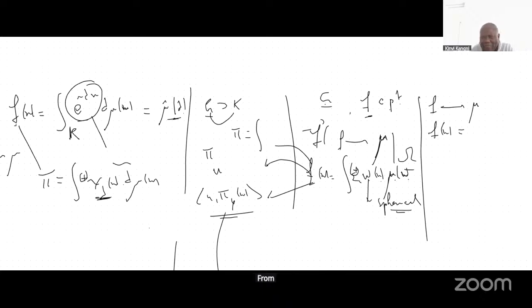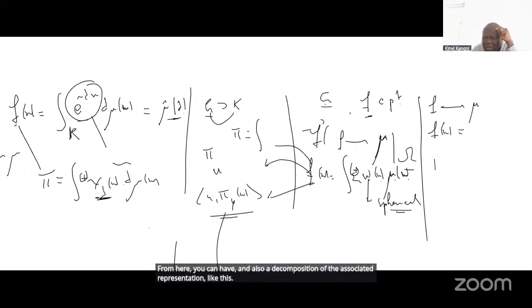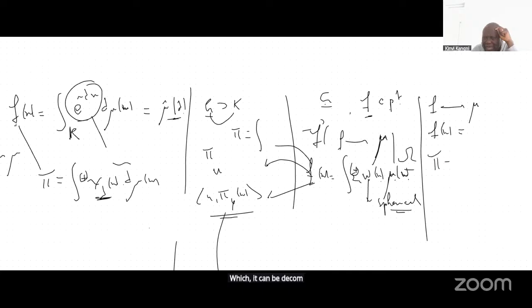From here, you also have a decomposition of the associated representation as the direct integral of pi I, where pi I is irreducible.